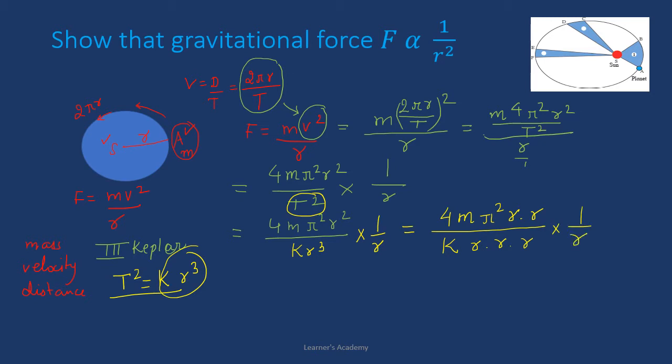So when I cancel it, this r gets cancelled with this r, and this r gets cancelled with this r. So what do we get now? 4m pi squared divided by k, and this r and this r get multiplied. So what do we get? r squared.